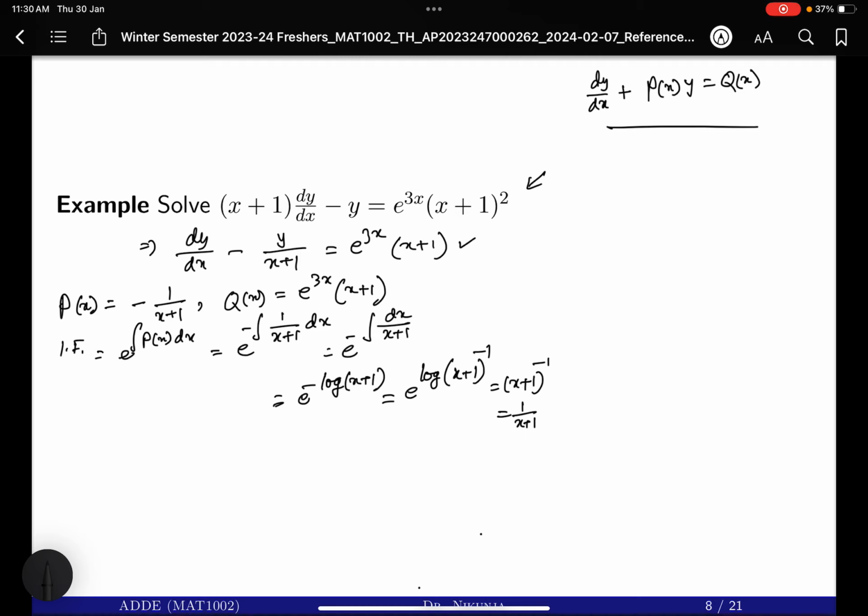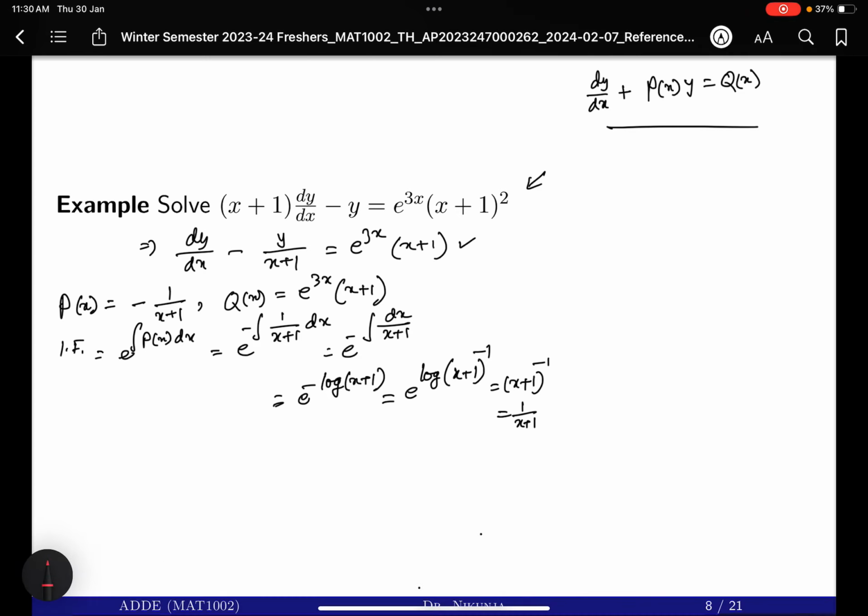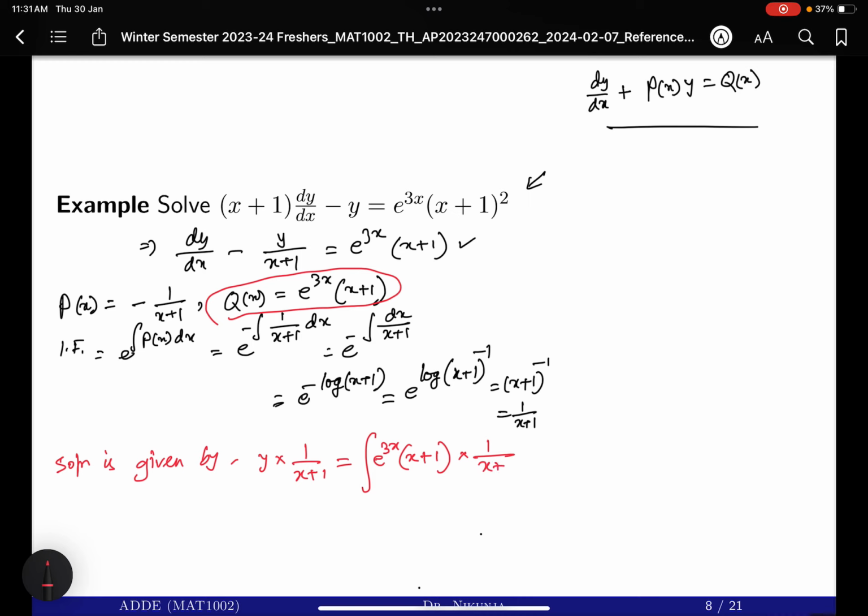Now you have the integrating factor. What will be the solution? The solution is given by y times the integrating factor equals the integral of Q, which is e^(3x)(x+1), multiplied with the integrating factor, dx.